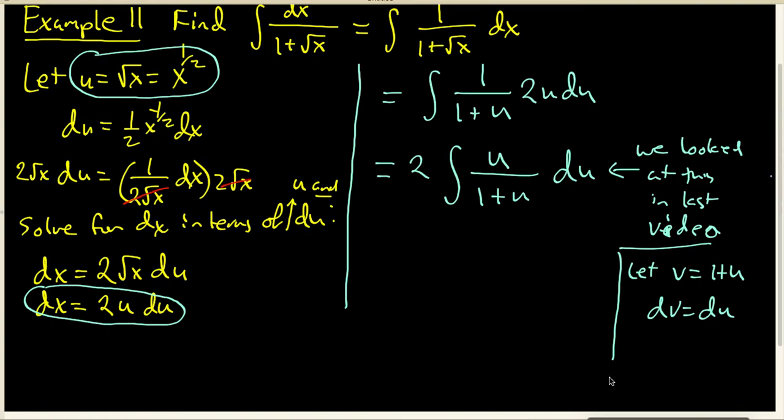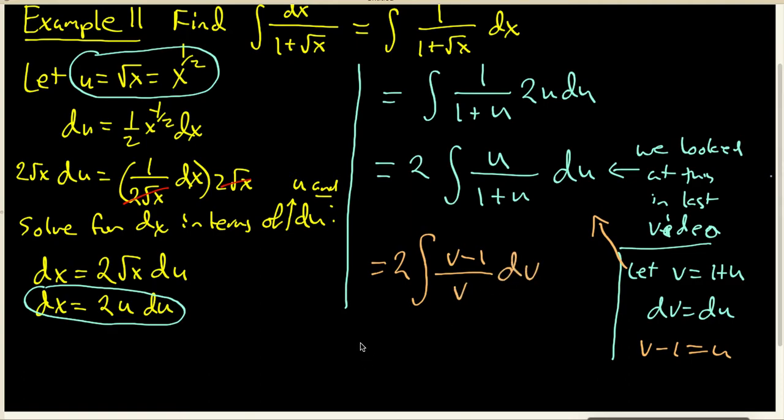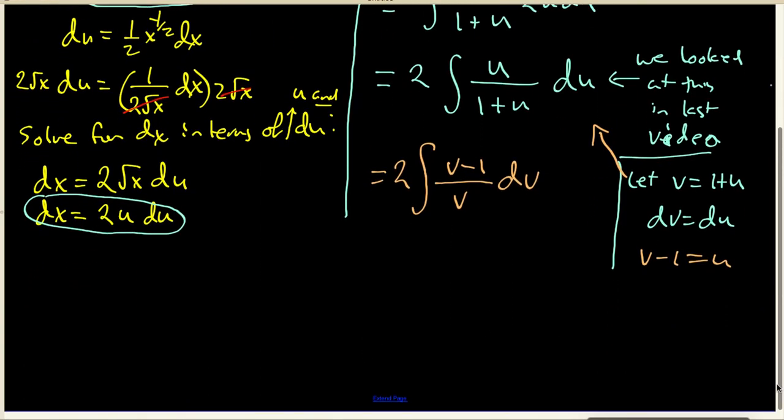Using this substitution, we can rewrite this integral as 2 times the integral of, well, let's see, v minus 1 is equal to u, so we have a v minus 1 upstairs over a v downstairs dv.